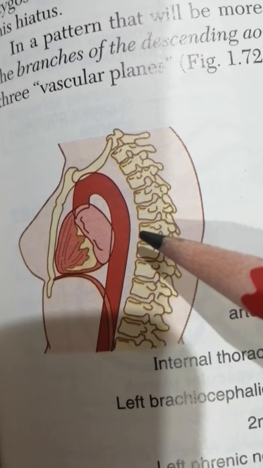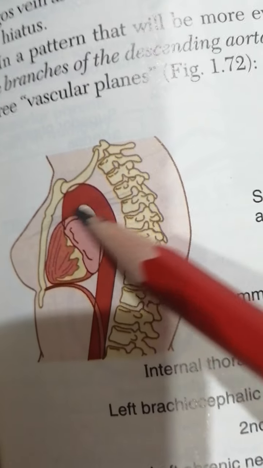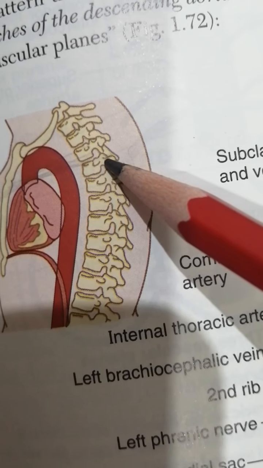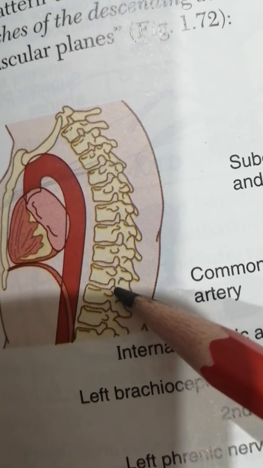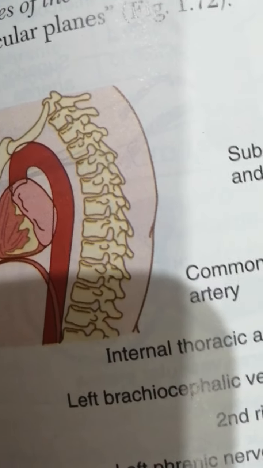It is located inferior to the transverse thoracic plane, anterior to the T5 to T12 vertebrae, posterior to the pericardium and the diaphragm, and in between the parietal pleura of the two lungs.